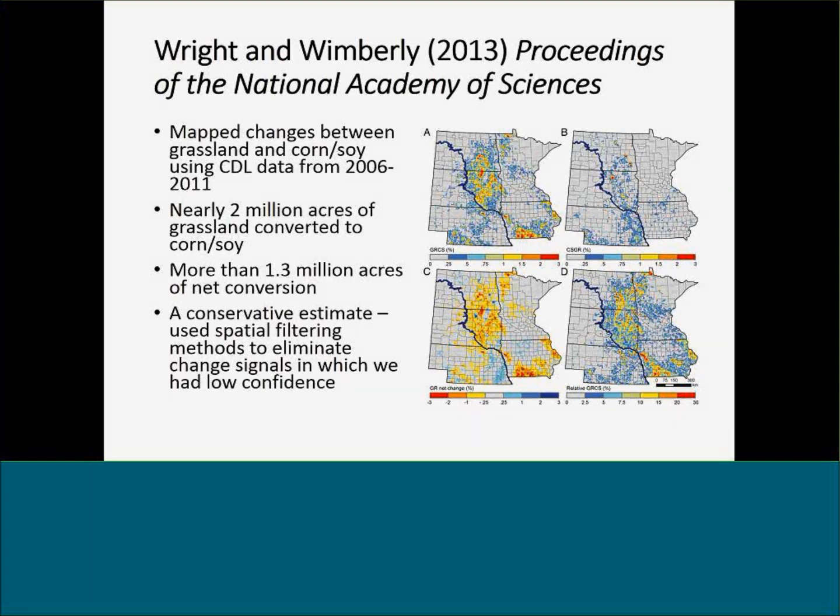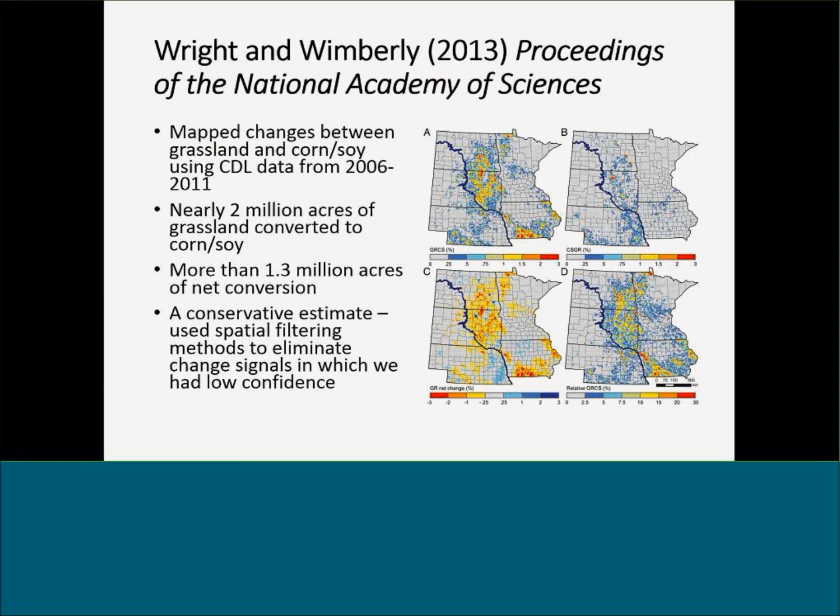A total of nearly 2 million acres of grassland, defined very broadly, converted into corn and or soy agriculture. And when we factor in changes going in the opposite direction, from corn, soy to grass cover, still more than 1.3 million acres of net conversion.